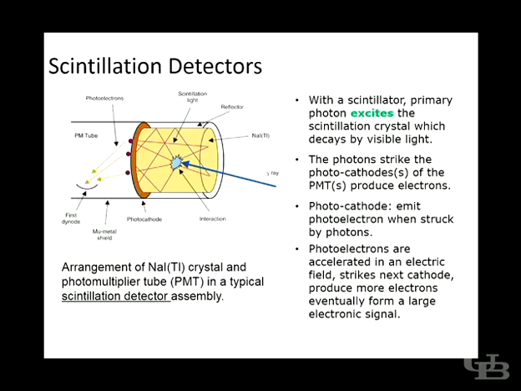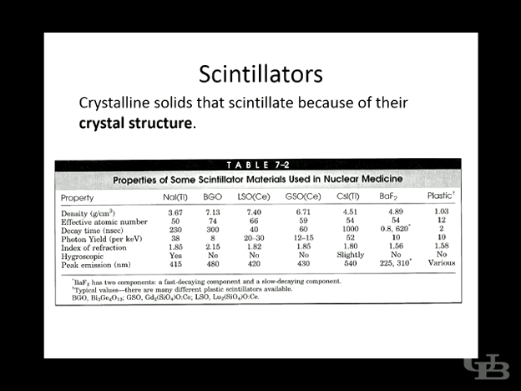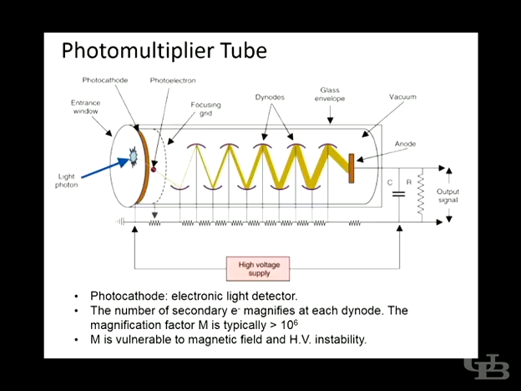So the visible light from the scintillator will create so-called photoelectron, because just like photon, it will hit that surface. The surface has a special material, so when it's hit by the visible light photon, it produces electron. Okay, so produce electron here.